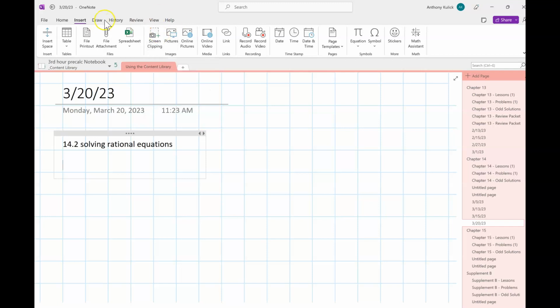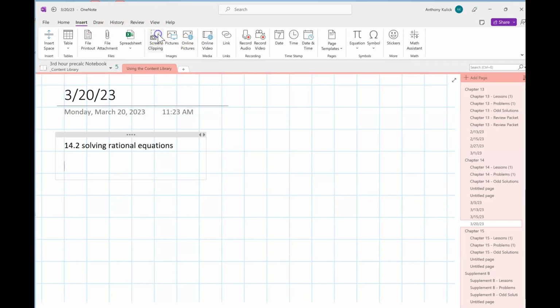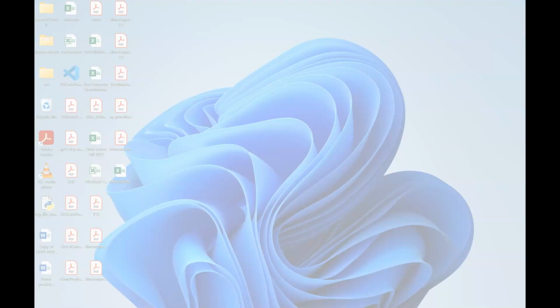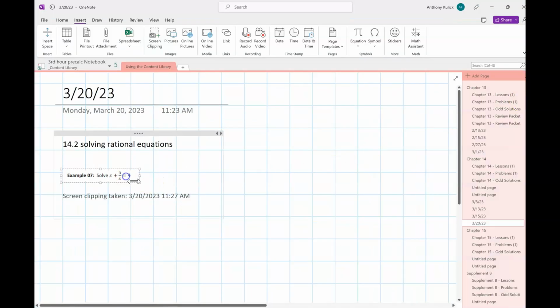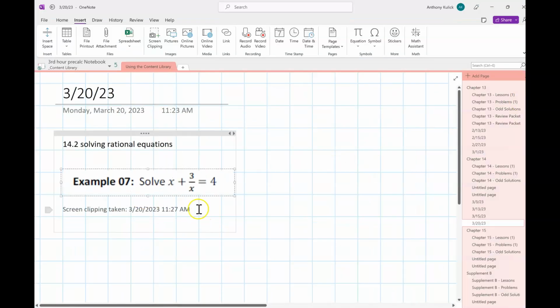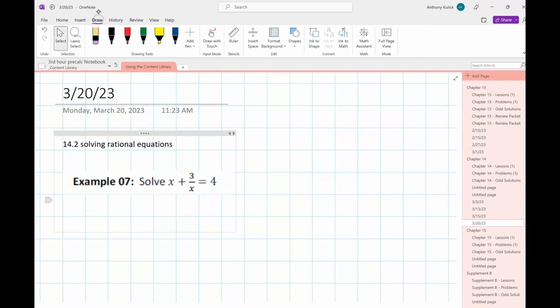So an equation, a rational equation, has at least one rational function in it. So, is this a rational equation?